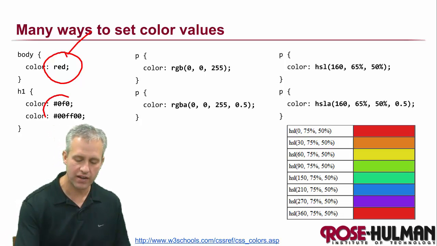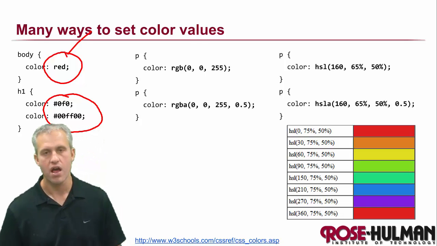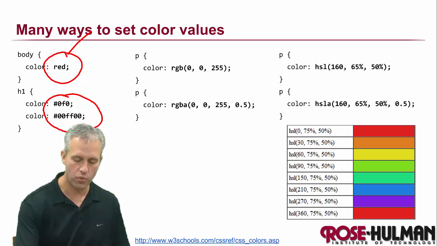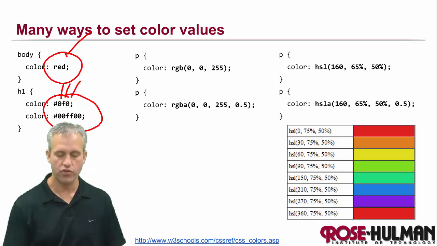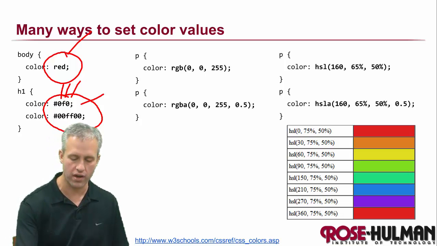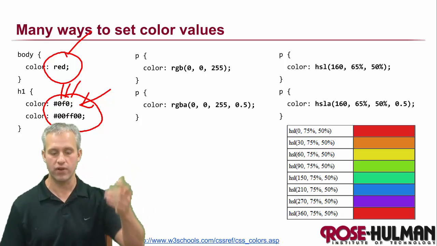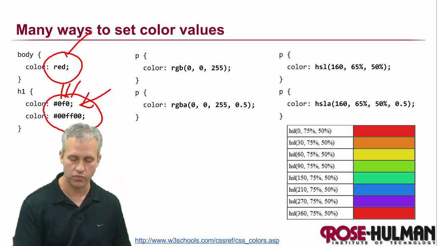Another way you could define it is with a hex value. If you know hex, that's great. This is something you could use. The important thing you need to know is that this really is just RGB. There are 2 ways you can specify it. One is with only 3 values. In that case, it's a 0 to F rating, F being the highest, which is 15.